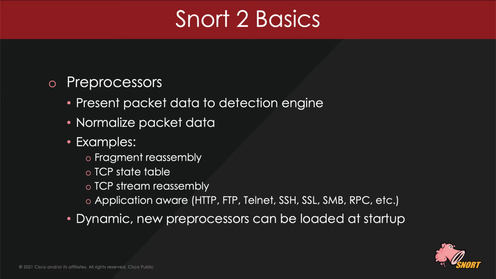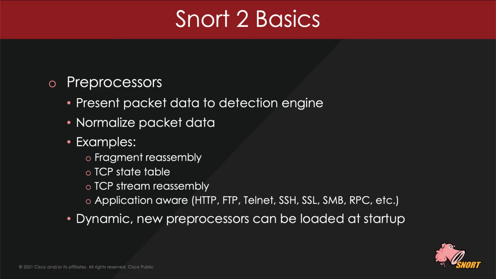One of the things that the HTTP inspect preprocessor does is it takes all those encodings, and there's probably 12 or 14 different types of encoding that you can do in an HTTP URI, and it reverts that back to the ASCII equivalent. So the rule writer doesn't have to anticipate all the different ways a particular URI that he's looking for could be encoded. He just has to use the ASCII URI, and the HTTP preprocessor will revert whatever encoding is present back to that. So again, helps prevent those evasions.